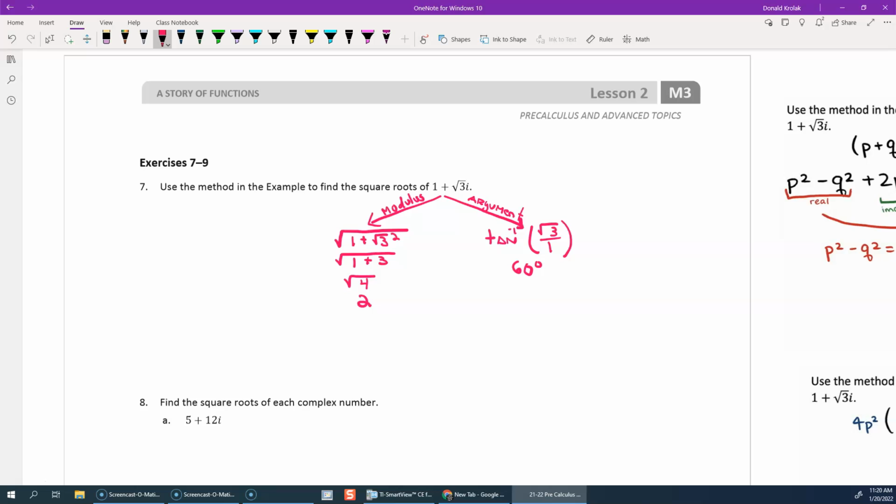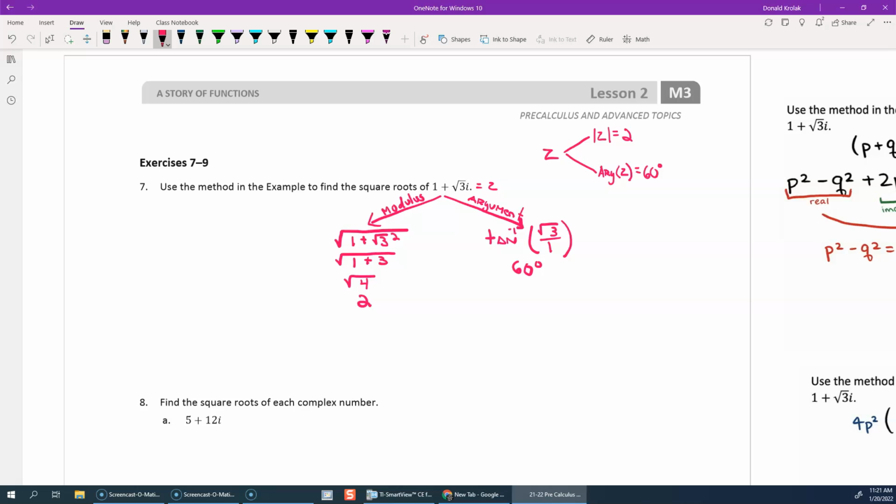I'll let this just represent z. So this was the original. The modulus of z was 2, and the argument of z was 60 degrees.